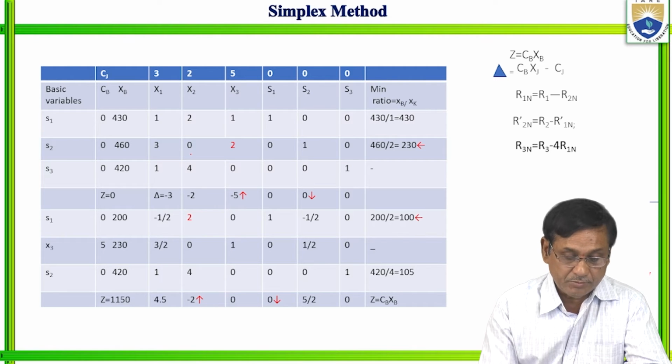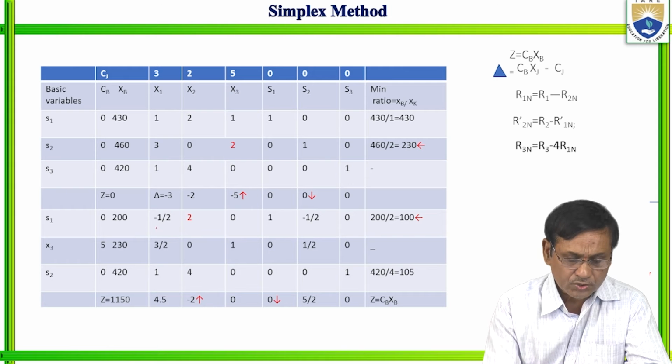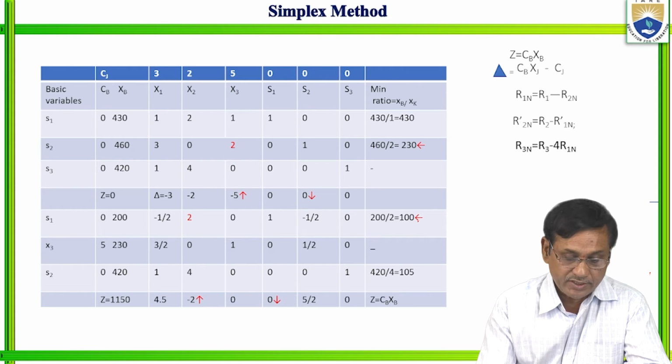Now calculate the minimum ratios corresponding to this key column x2. So 200 by 2 is 100, and 230 by 0 we should not consider. 420 by 4 is equal to 105. So the minimum ratio is 100 and the incoming vector is x2, outgoing vector is s1.